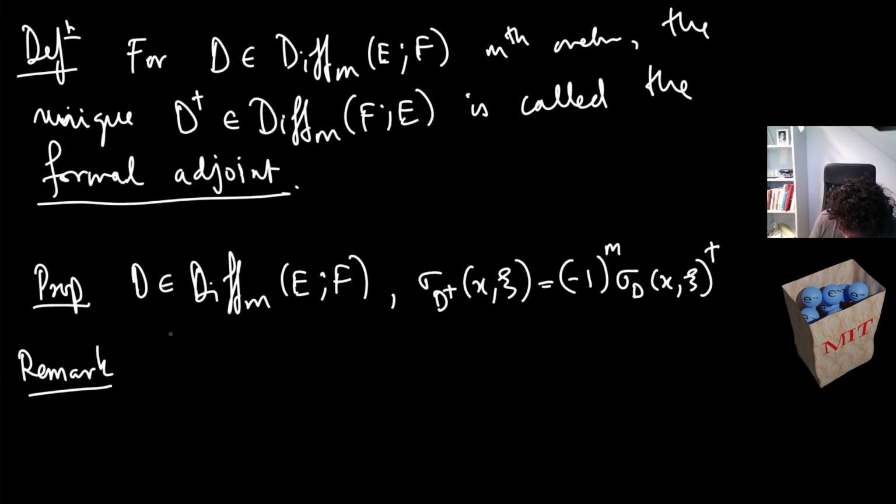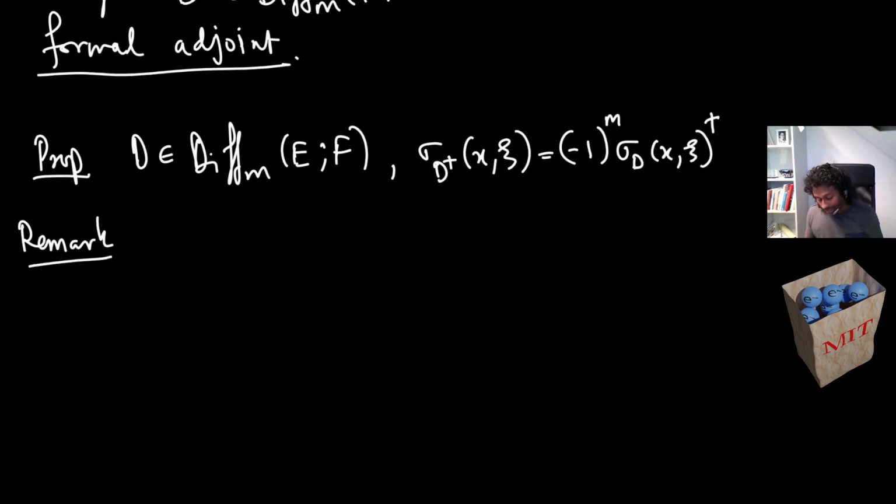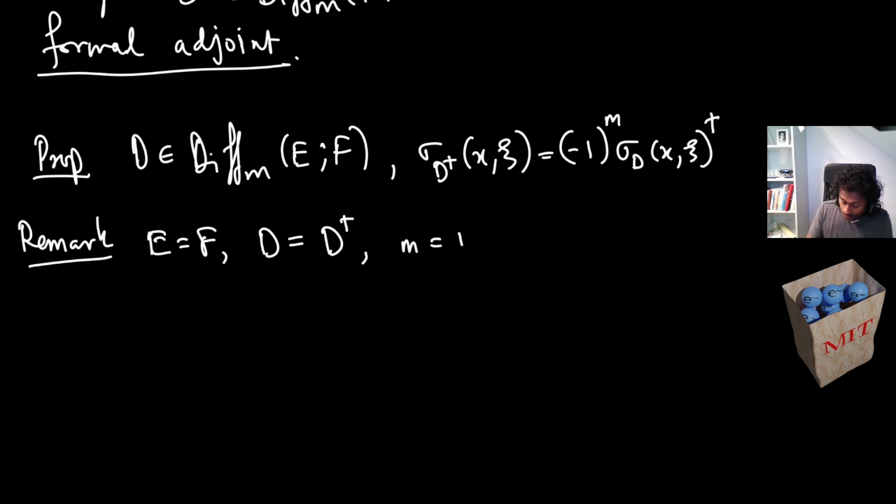In many situations that we'll look at, or in many situations in geometry, you often have that E is equal to F, and actually D is equal to D perp. This arises in many situations. And further, when m is equal to 1, we have something weird here, right?